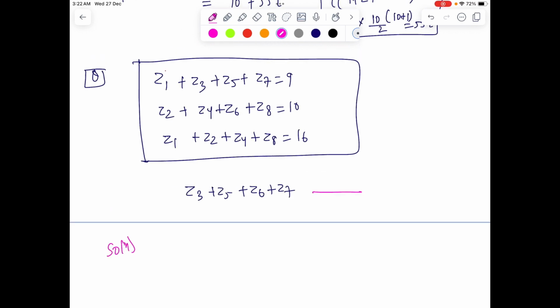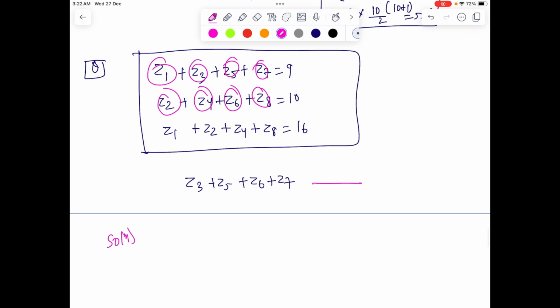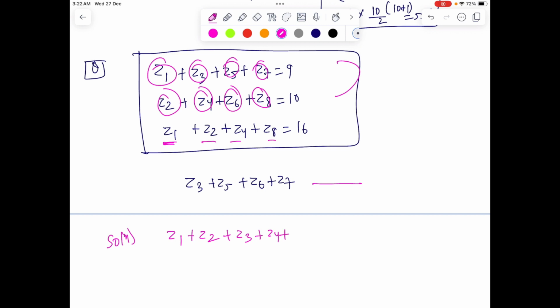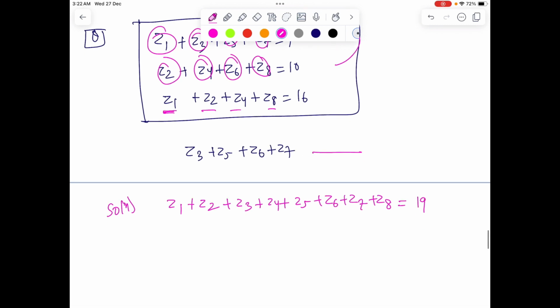So you know, like in the first two, we have z1, z2, z3, z4, z5, z6, z7, z8, right? And we have 1, 2, 4, 8. So if I add the first two equations, we'll have z1, z2, z3, z4, z5, z6, z7, z8, and that's giving 19.